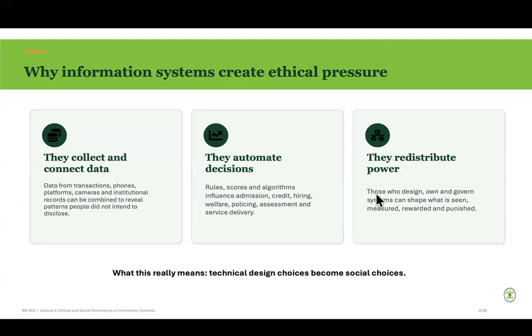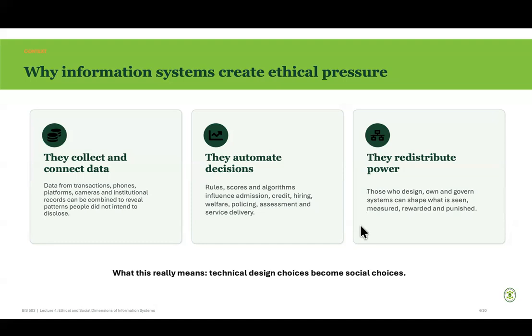Even when each piece of information looks harmless, the combined profile can reveal much more than we intentionally disclosed. So the second issue is systems automate decisions. Decisions may rely on scores, rules, and algorithms, and all these decisions may influence admission, the offer of credit, even employment, insurance, the welfare benefits of people, and even access to services.